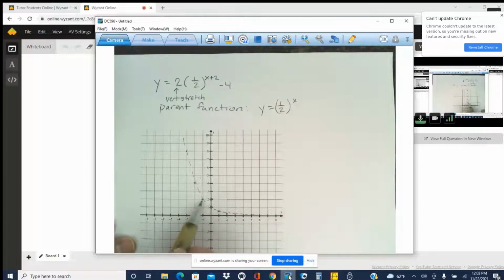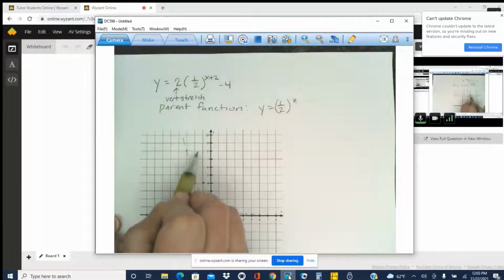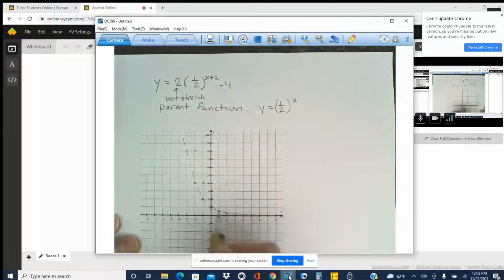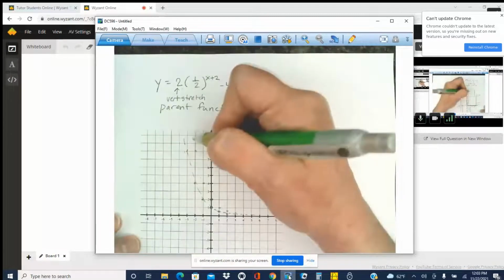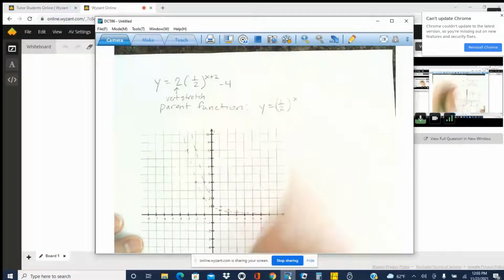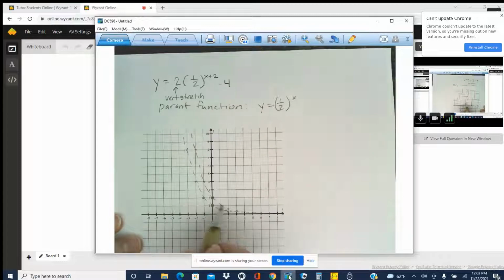This point here where y equals 2 gets multiplied by 2, it ends up here. 4 goes to 8. 8 is going to be way up there at 16. These get multiplied by 2 also on the right. And our first transformation then gives us this graph, vertically stretched.